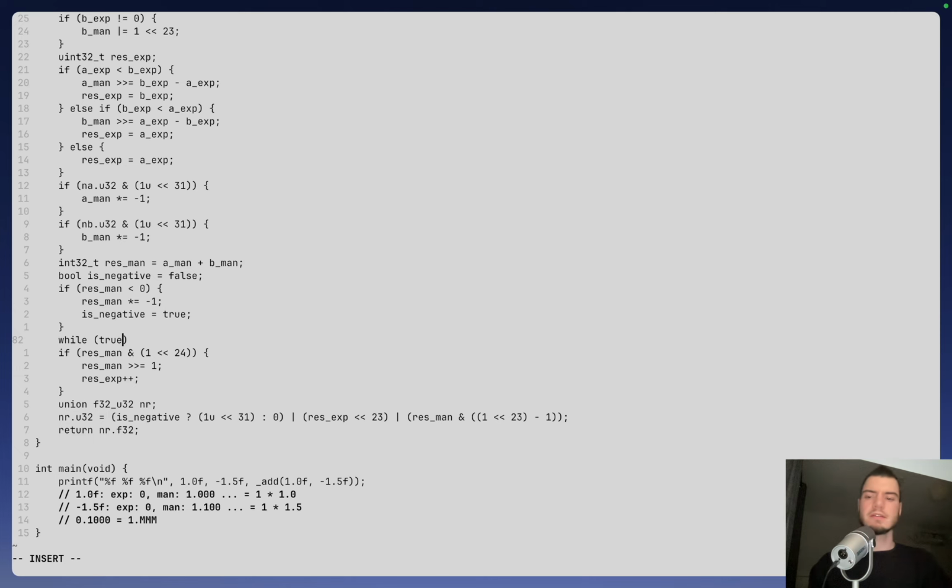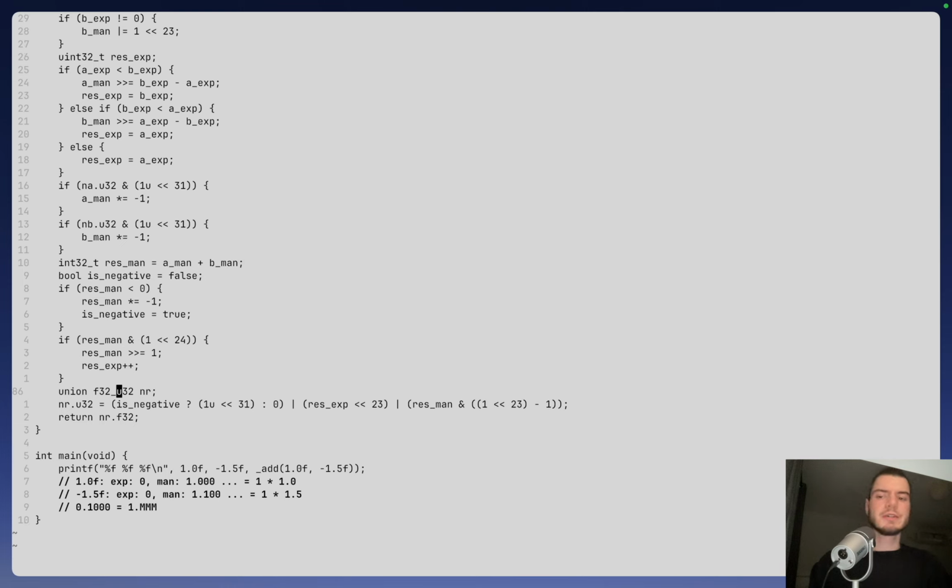What I'm currently thinking about: there can never be a bit set to 1 beyond the bit at position 25 after the addition, which means we actually have an else case here.